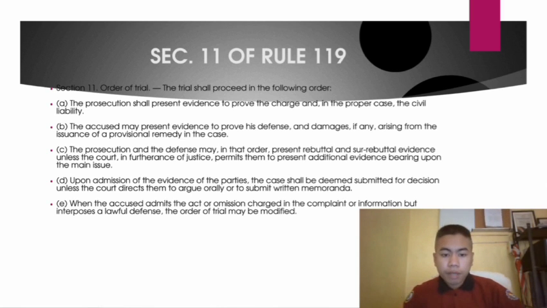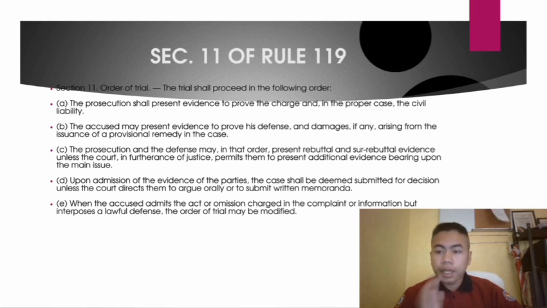So, once the evidence has been presented, the case is submitted for decision unless the court directs the parties to argue orally or submit written memoranda.